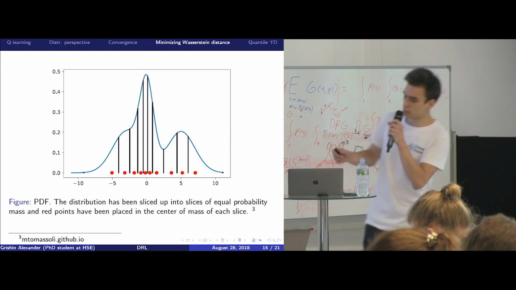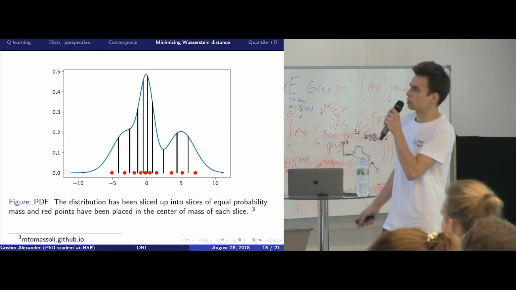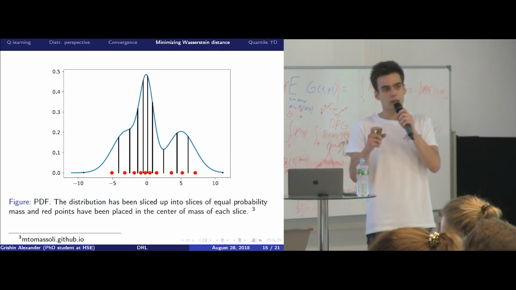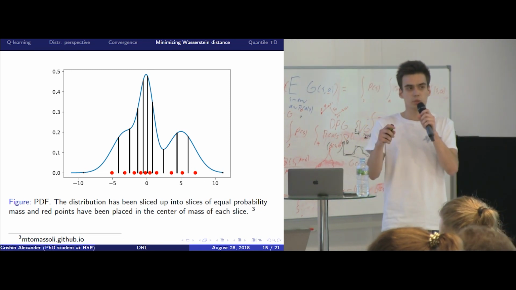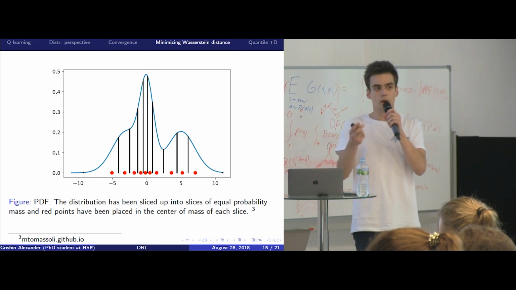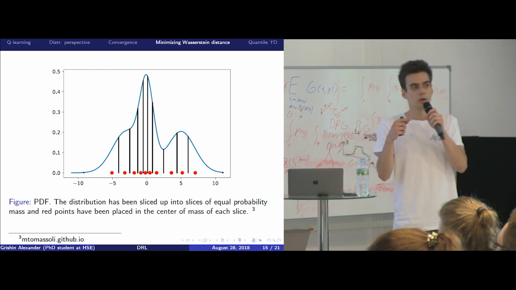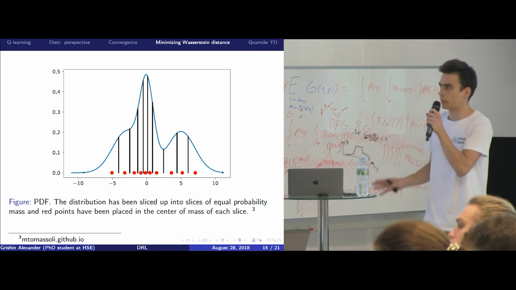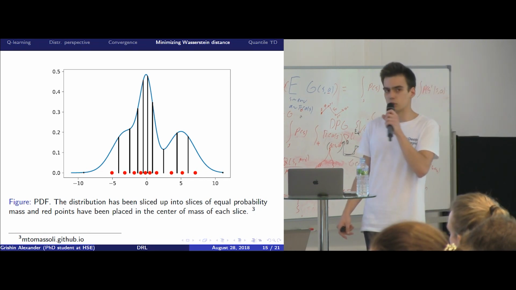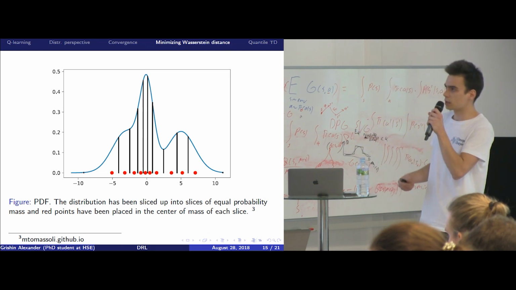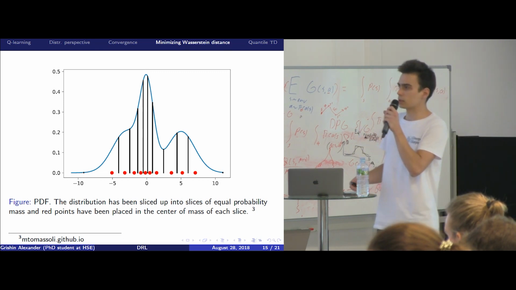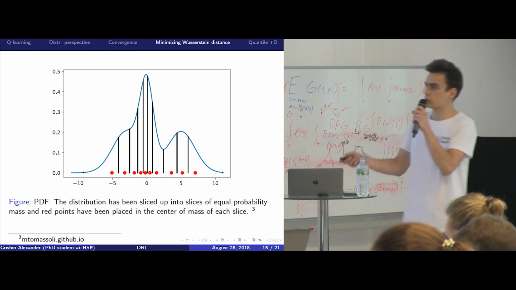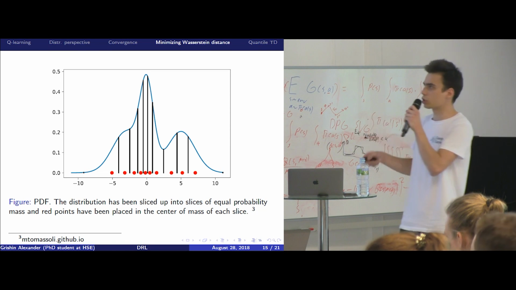To do this, we need to minimize the Wasserstein distance between the distribution and the approximate distribution in our parameterized family. So how to do this? The answer is pretty simple, and I will firstly show it on the picture.